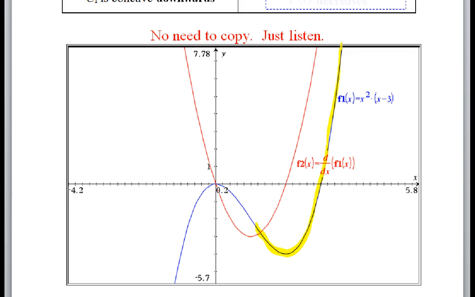As long as it's part of a smiley face, it means concave upwards, which means dy dx increases, which means d2y dx squared is positive. Look at this portion. From here, it increases.